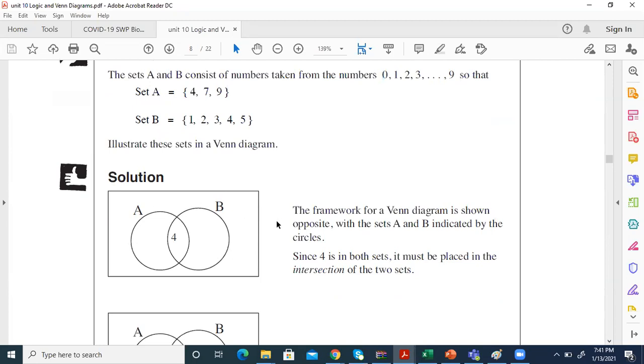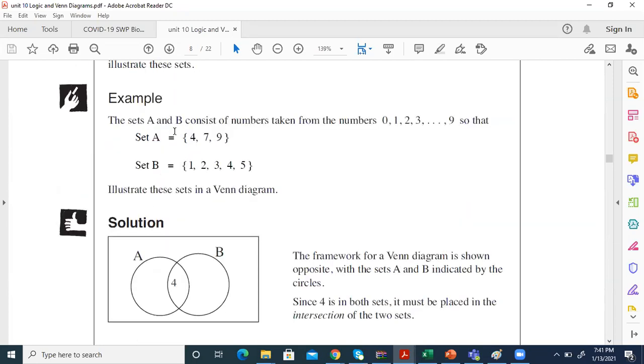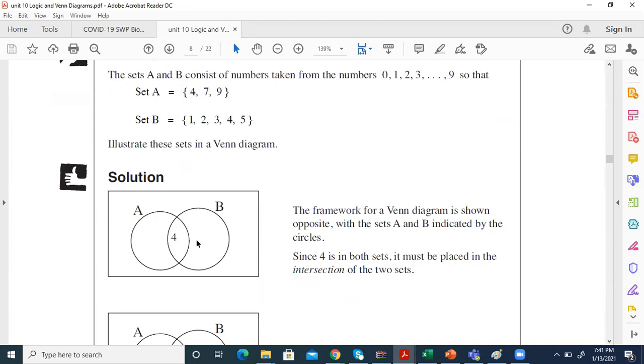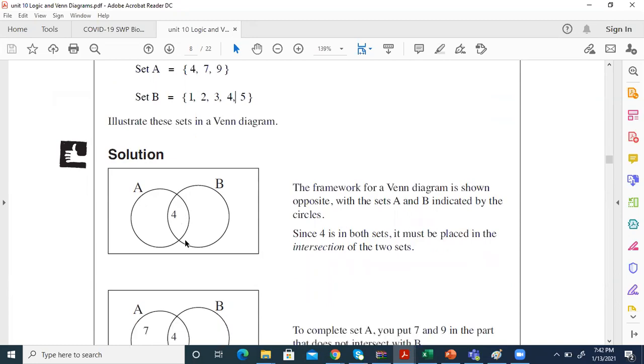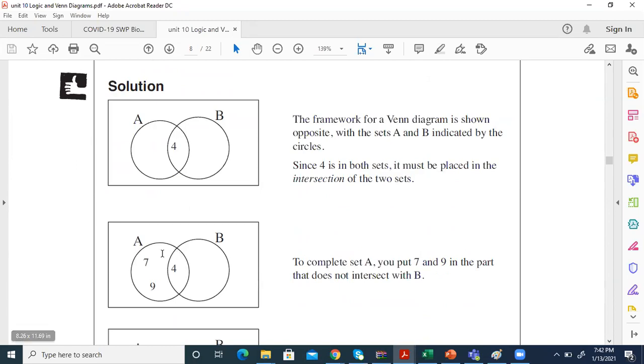So for example, in this set A, set B, we have 4 being common to both set A and set B, so we'll put 4 in the middle. The middle, where set A and set B overlap, is referred to as the intersection. Then we fill the rest of the sets with the different elements, or members.